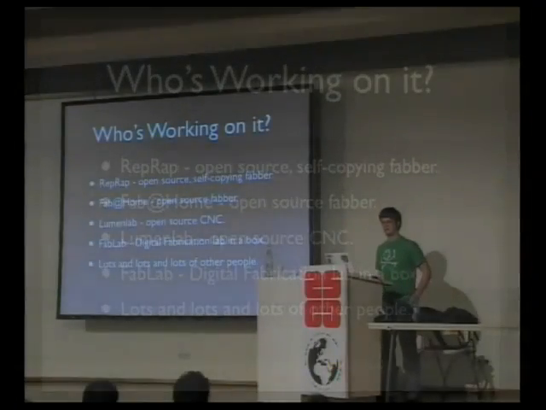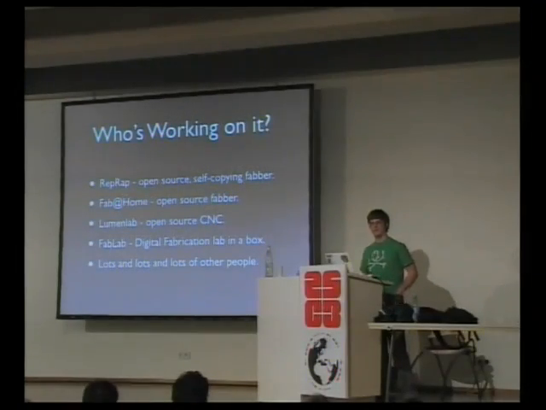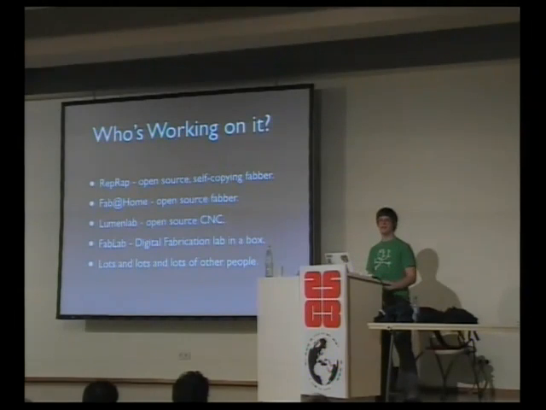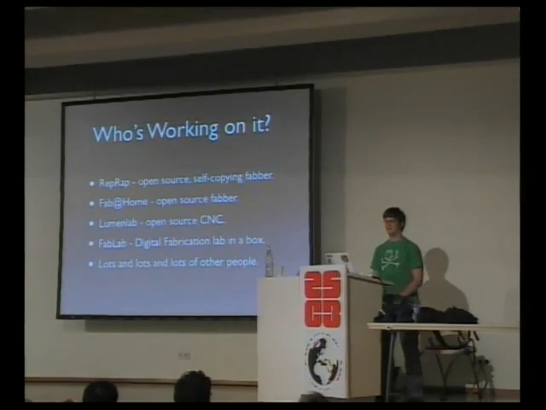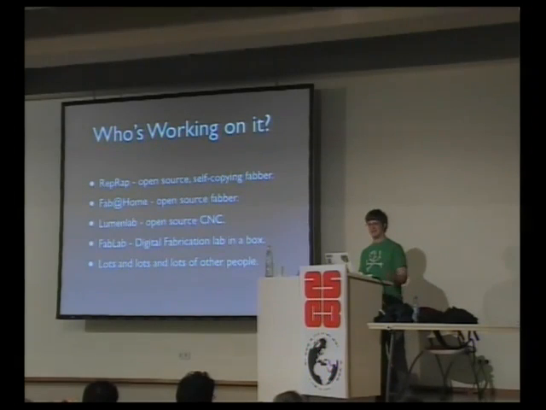There's another project called Fab at Home, which is a CNC style machine, and they're also fully open source. There's these folks at Lumen Lab, who released a really nice open source CNC machine. I was looking at it a few weeks ago, and they really did a nice job on it.